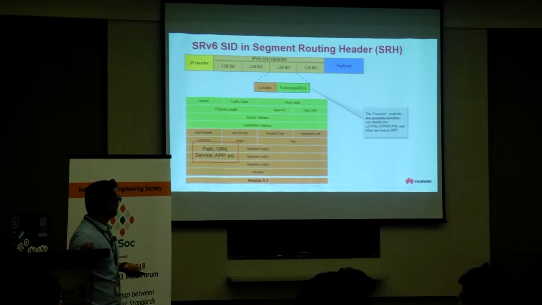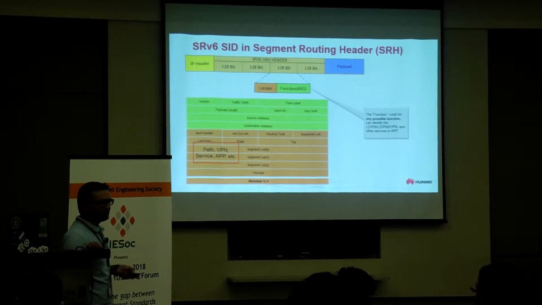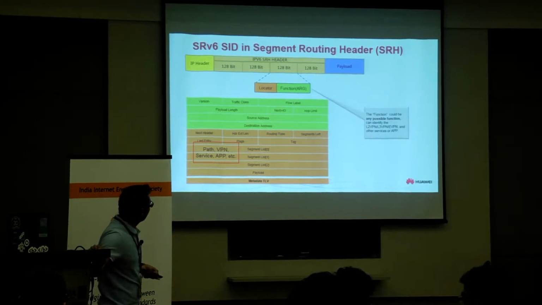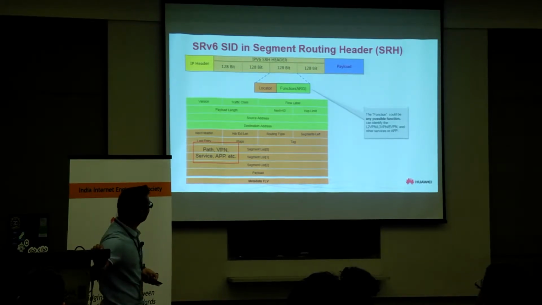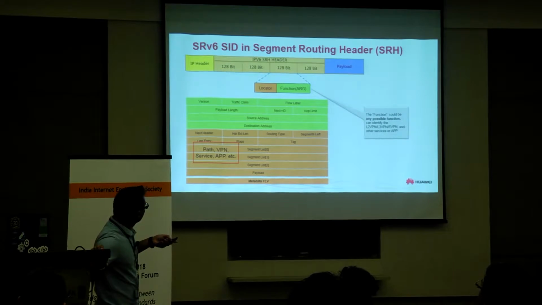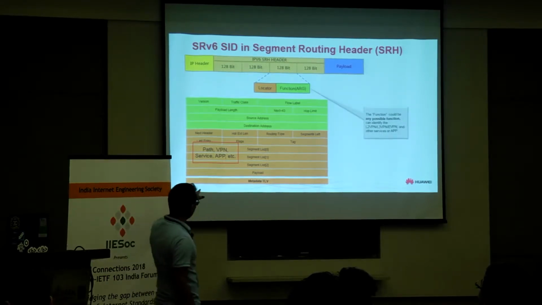So now how that is embedded in the packet, I have the SRH extension header. As people already talked, its size may grow. This is just depicting how the SRH is encoded in the packet. And here the important part is this segment list.